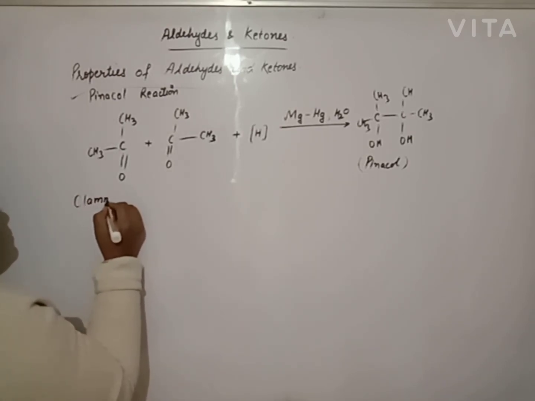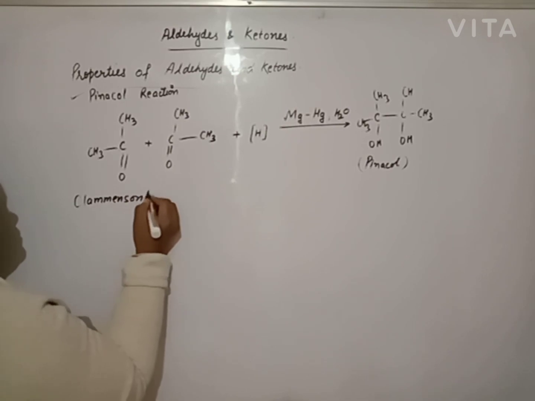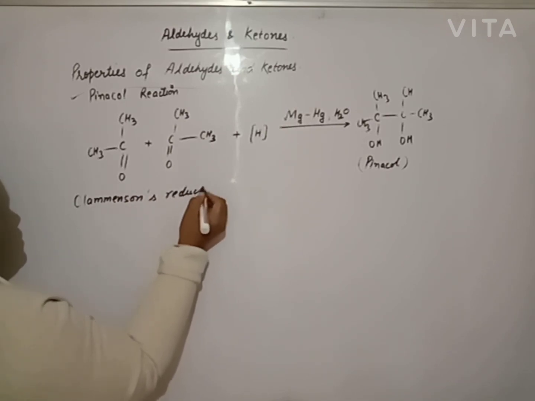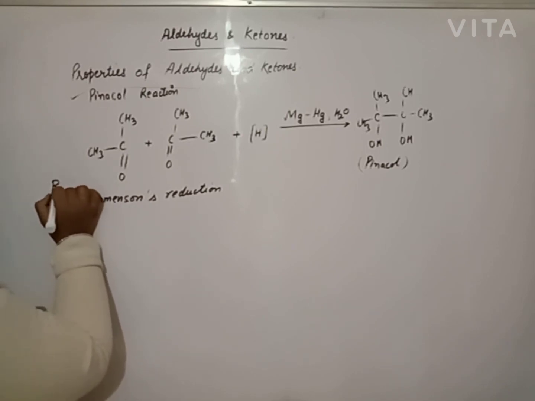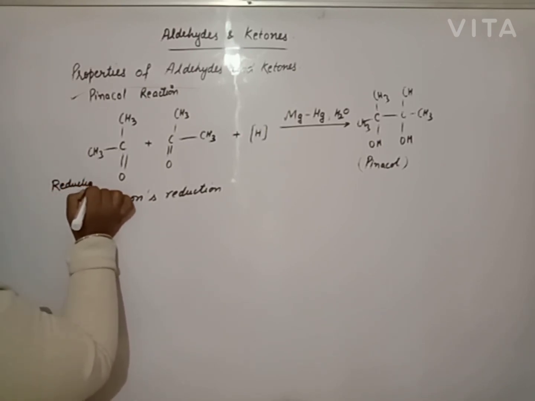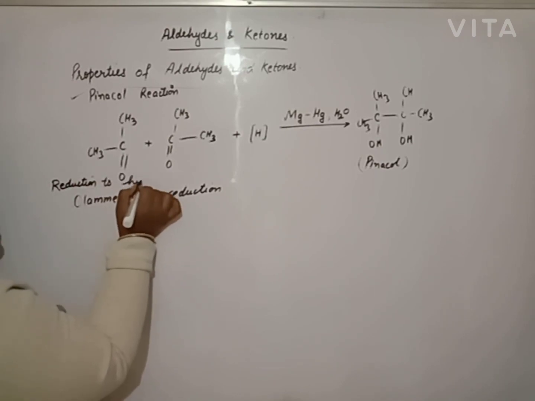Now another one, Clemmensen's reduction. Beta, Clemmensen reduction, Wolff-Kishner reduction, and reduction with hydrogen iodide and red phosphorus. All these reactions are used to reduce the aldehyde or ketone up to alkane or hydrocarbon.